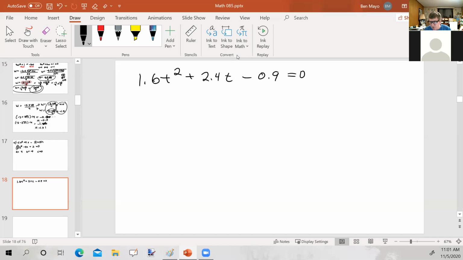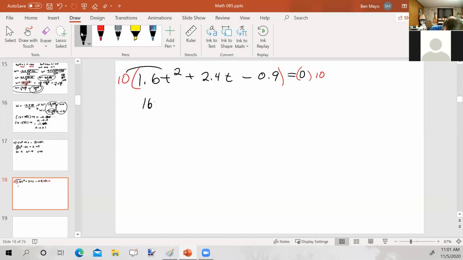And you could plug those into the quadratic formula. It would work, but it might be easier to get rid of the decimals. Since each of the terms has one number to the right of the decimal point, I'm going to multiply both sides of the equation by 10. Multiplying by 10 moves the decimal point one place to the right. 100 would move it 2 places, 1,000 3 places, etc.